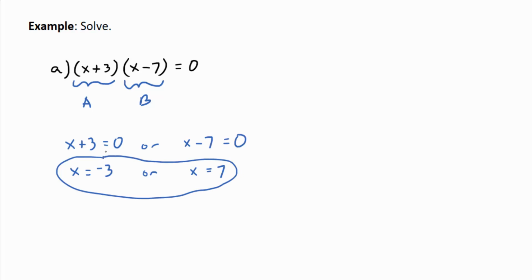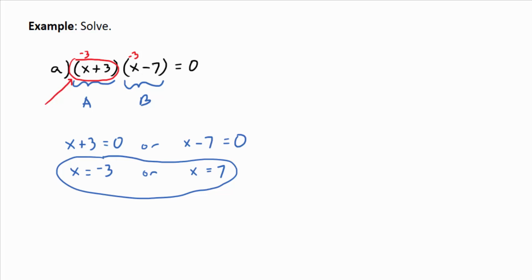Can you check your answers? Absolutely. If you plug negative 3 in for x, this whole factor, negative 3 plus 3, is 0, right? You have to plug in negative 3 for both of them, but does the other one matter at this point? If this whole factor is 0 when you plug in negative 3, I guess you get negative 10 here. It doesn't matter.